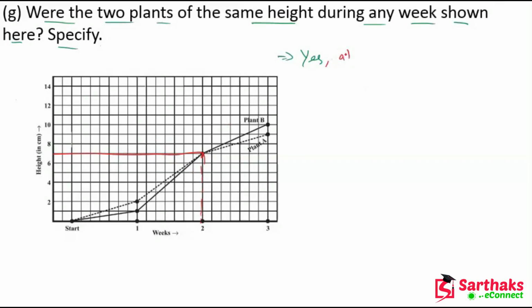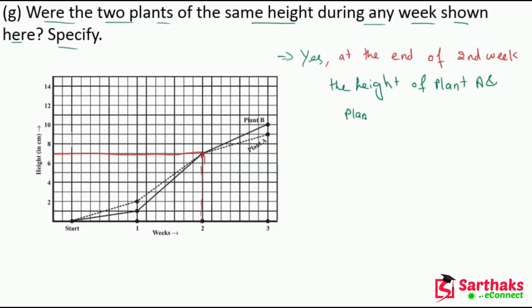So we can write: yes, at the end of second week the height of plant A and plant B is same, which is 7 centimeters.